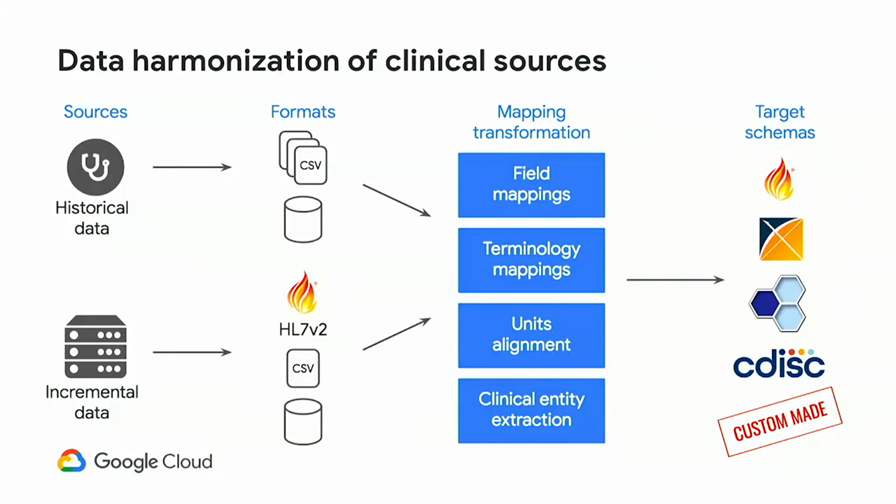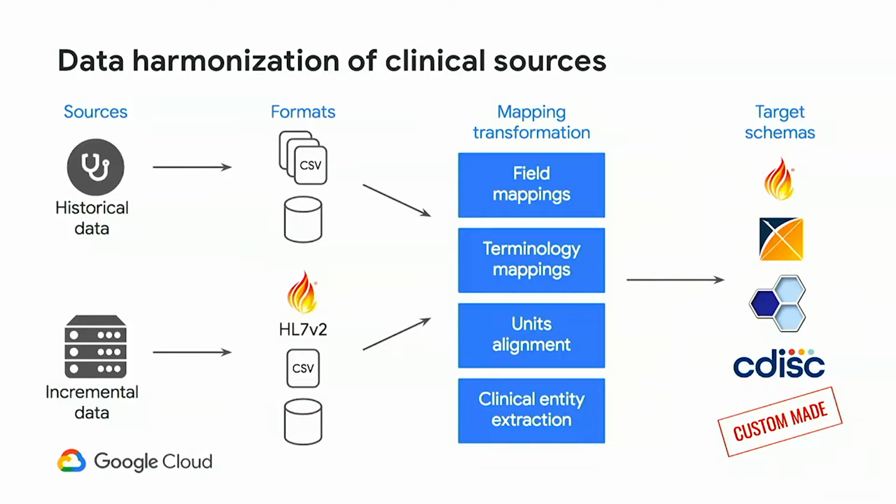Over on the right-hand side here are the target schemas. Just as we recognize healthcare data in its native formats as first-class citizens, we also recognize certain schemas that are typically used for healthcare analysis as first-class citizens as well. Starting at the top there is FHIR. So if you're looking for a way to start converting your data to FHIR, this gives you a path to that. The second one listed here is OMOP, the OMOP Common Data Model, which Greg Klebanov is going to talk a bit more about in a moment.